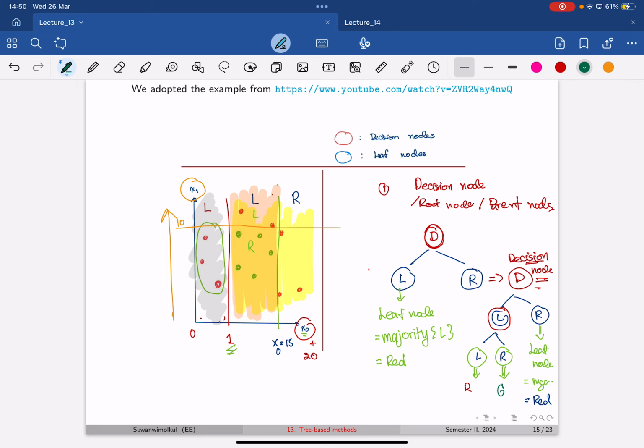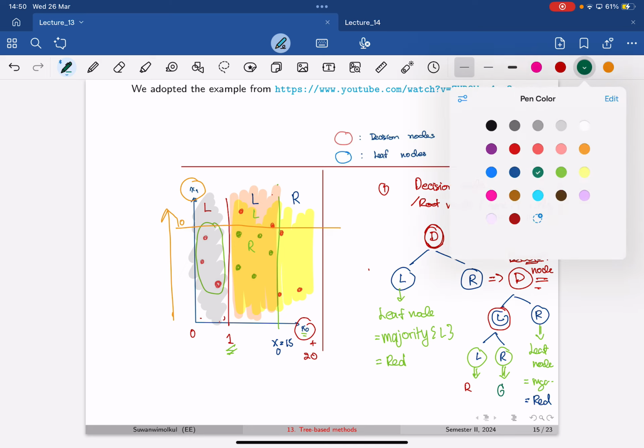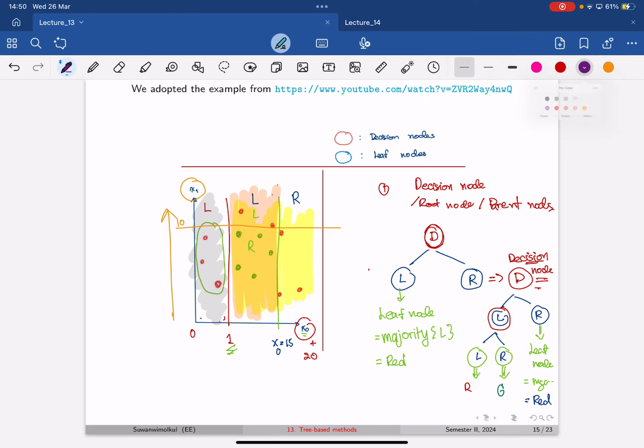If your input sample has x1 and x0, it depends on where it falls. Let's say your input sample is this purple dot, it falls into here. So it will fall into the region of your leaf node here, right? So you can start to classify it.